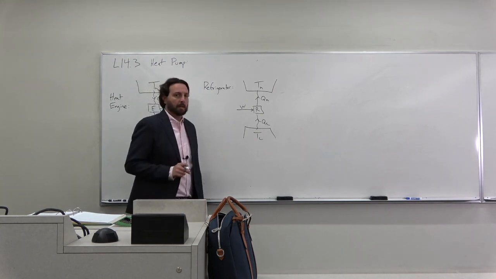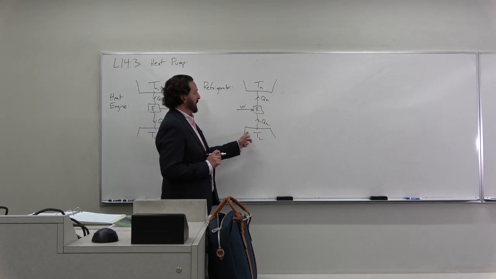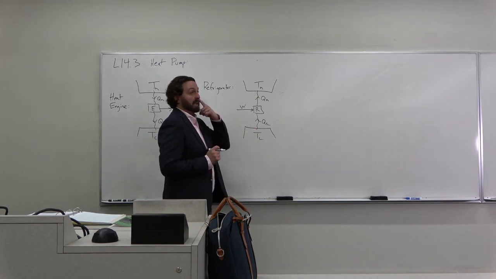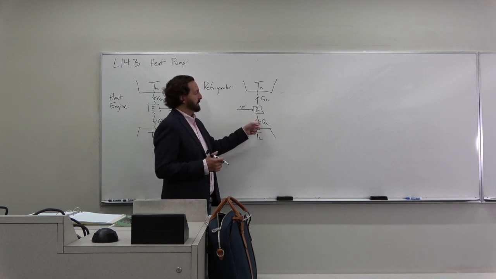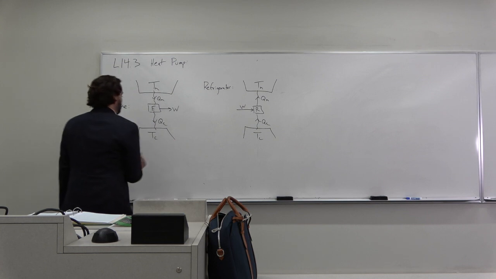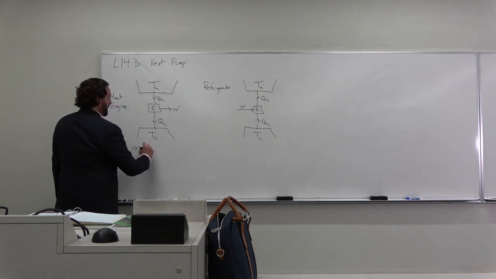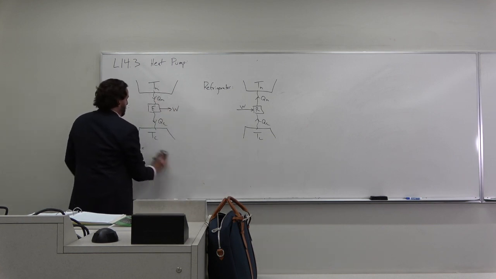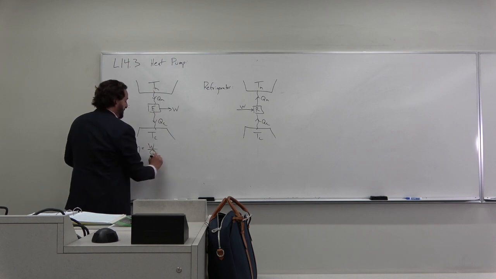Now, remember, in the refrigerator, we wanted to make the cold body colder, or keep it at the same temperature when there was external heat coming in. So we wanted to extract some heat. Here, our efficiency of an engine was 1 minus, let's write it in terms of what we want. We wanted work, but what we put in was QH.